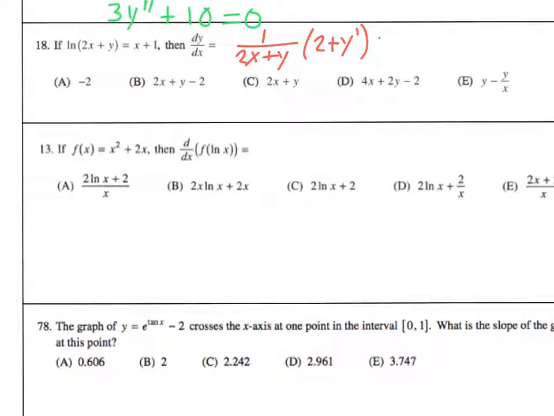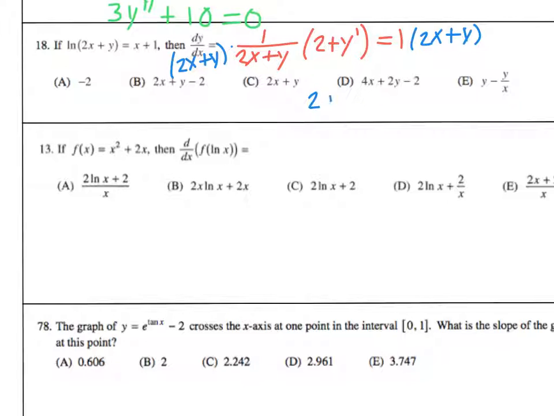Derivative of x is 1, derivative of 1 is 0, so we're done with that part. Nice. I also noticed that I got something in terms of a fraction. If I multiply both sides by 2x plus y, that'll get rid of my fraction, and I like that.